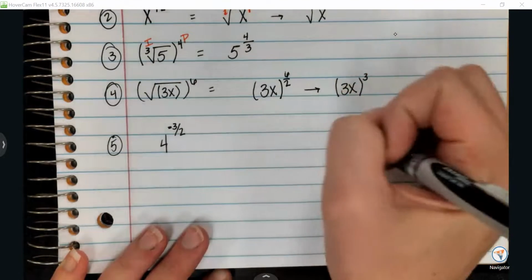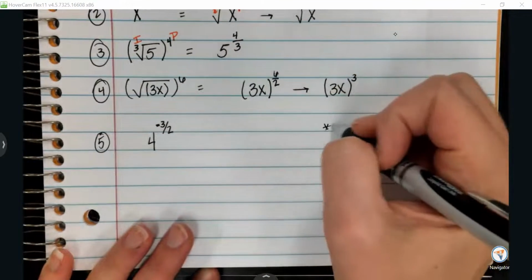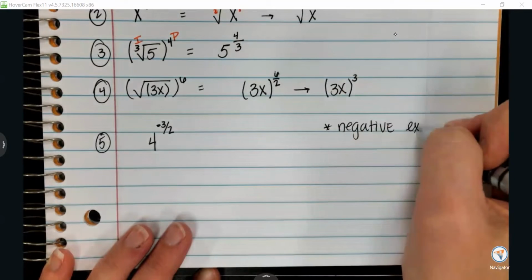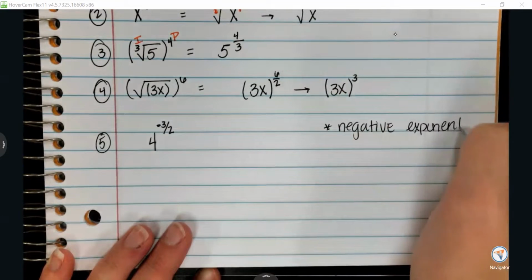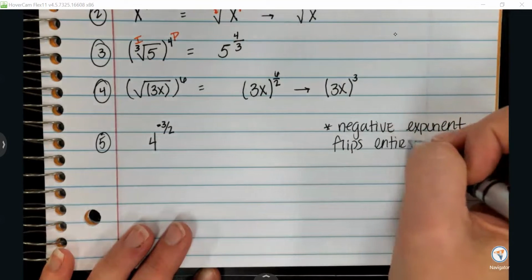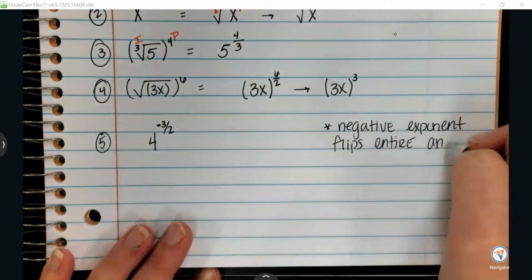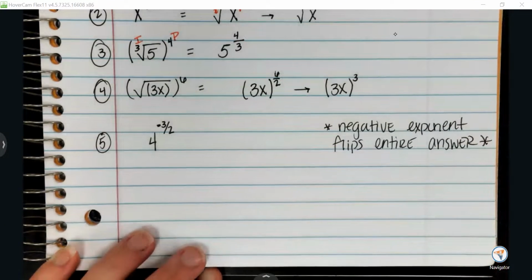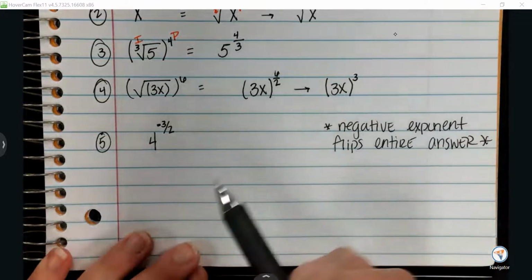So a negative, we're going to write it over here, a negative exponent flips the entire answer, and I'll show you what I mean by that. A negative exponent flips the entire answer.